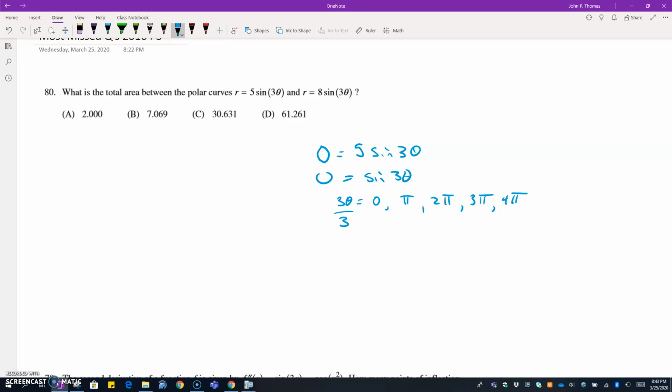And I'm going to divide through by the 3, so I get theta values of 0, pi over 3, 2 pi over 3, 3 pi over 3, and 4 pi over 3.